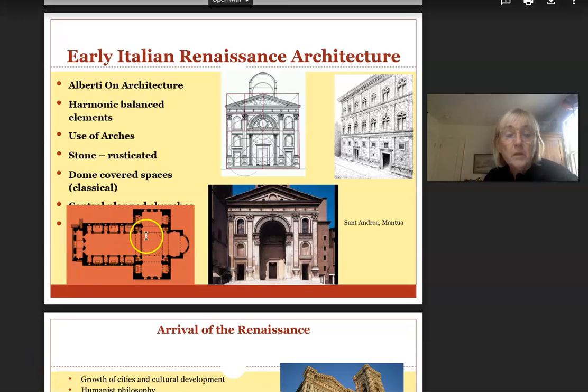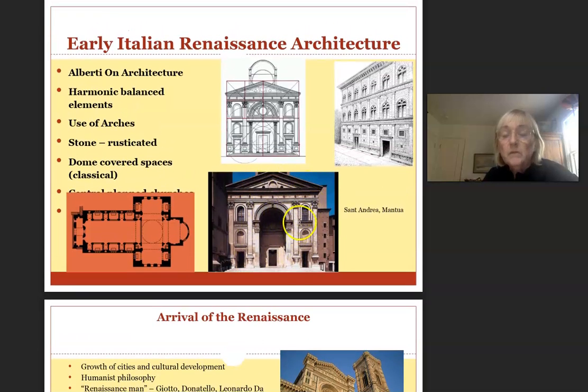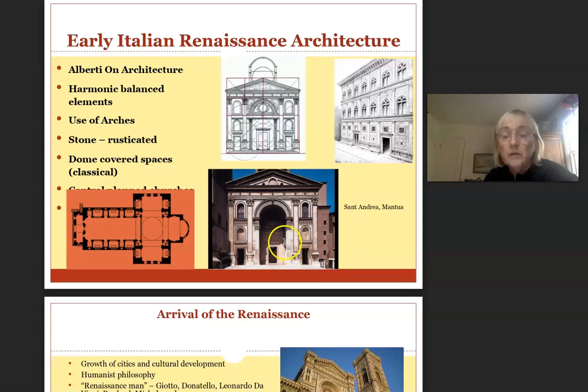You'll see that in the plans, particularly the cruciform plans of the church with a large dome at the crossing between the nave and the transepts. And that center circle there is the crossing of the dome over the crossing point of the nave and the transepts. And you have the apse back here as well. So be on the lookout for those rounded arches, a lot of classical elements like a pediment, flattened pilasters.